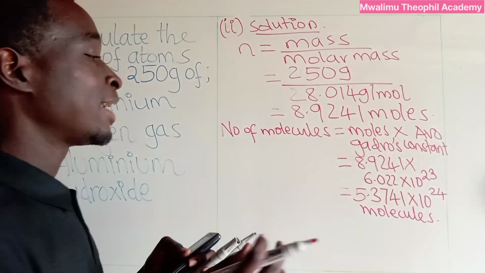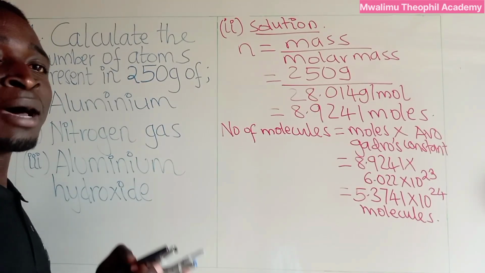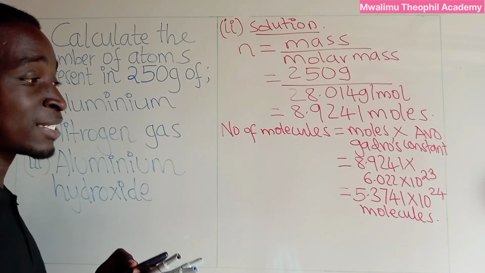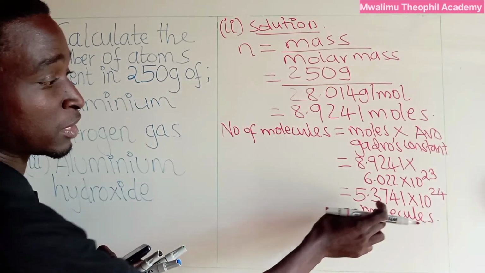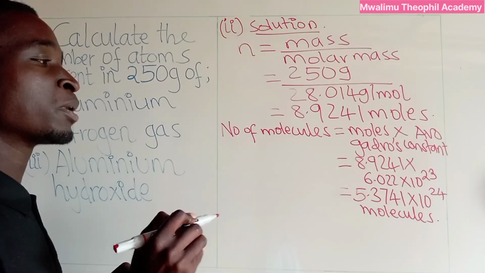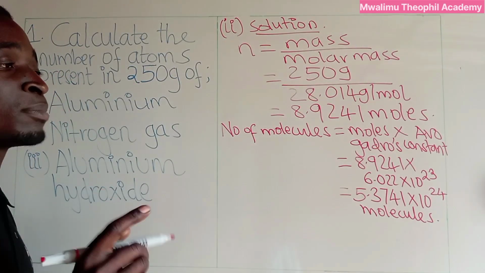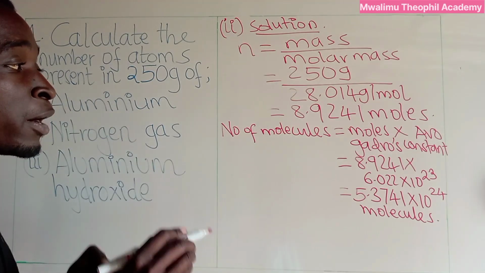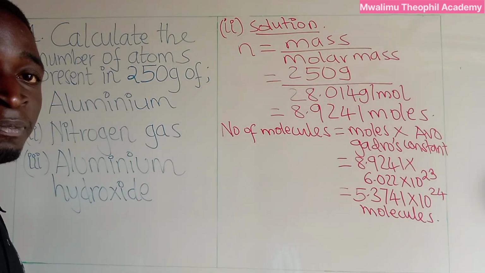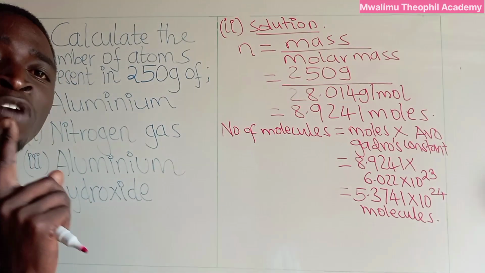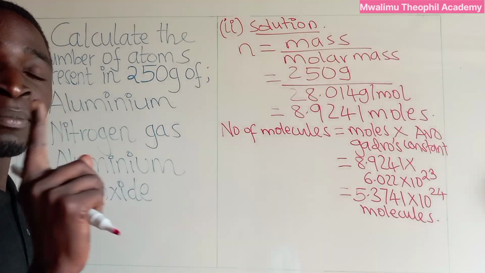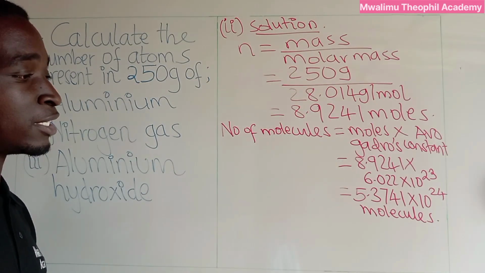After that, let us find out the number of atoms present in these molecules. How many atoms are within 5.3741 times 10 raised to 24 molecules of nitrogen gas? To get that number, we have to know the number of atoms present in one molecule of nitrogen gas.